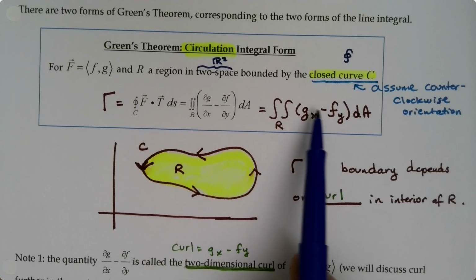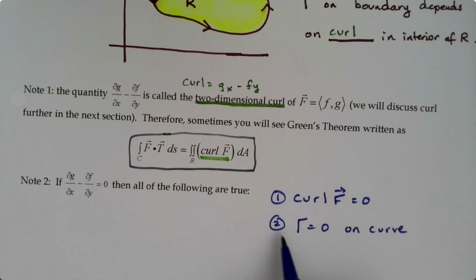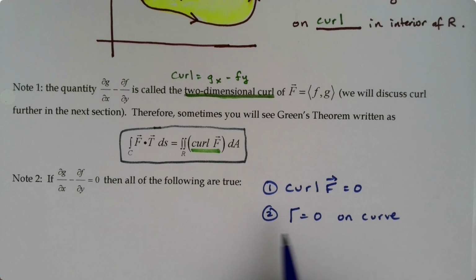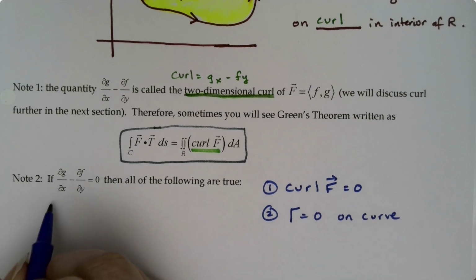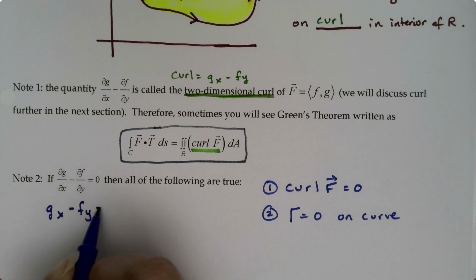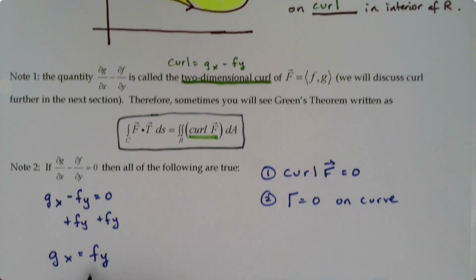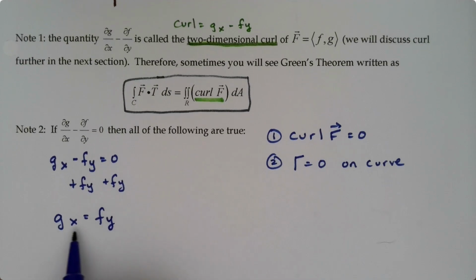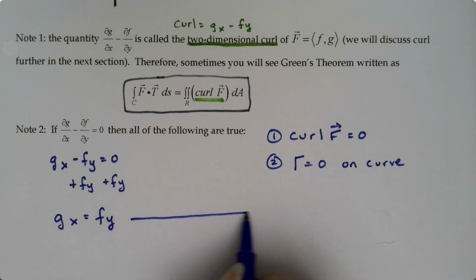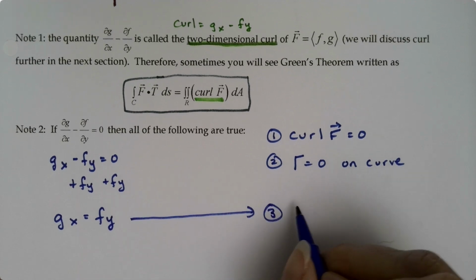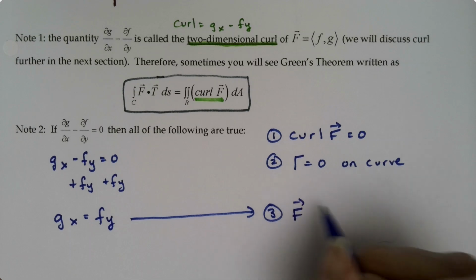If this is 0 in here, then when you integrate it, you get 0. And what would that mean? Well, let's look at this another way. So g sub x minus f sub y would be 0. So if I add f sub y to both sides, that would mean g sub x equals f sub y. And that should look familiar to us because we've seen that already. That's our definition for what it meant for F to be a conservative vector field.